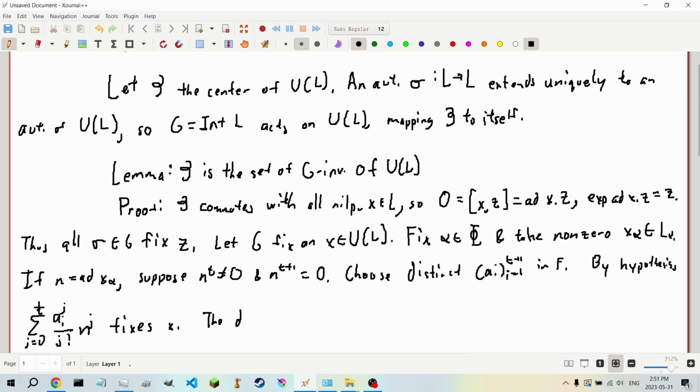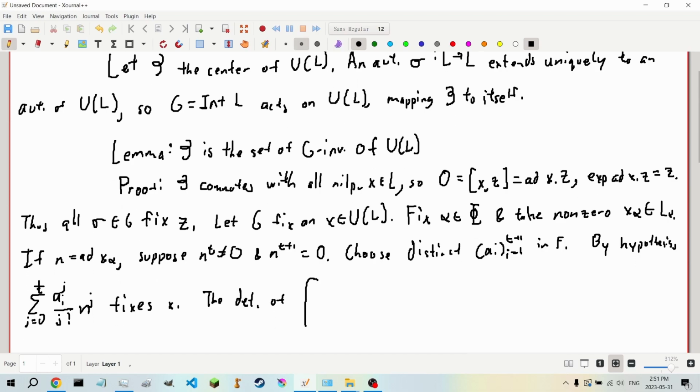The determinant of the matrix: you have 1s, and then a1 through a t plus 1, all the way to a1 to the t over t factorial through a t plus 1 to the t over t factorial, is 1 over the product from i equals 1 to t of 1 over i factorial.